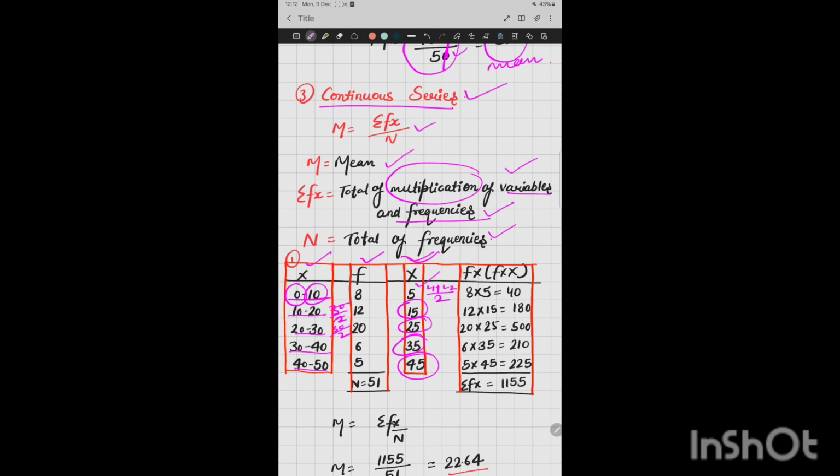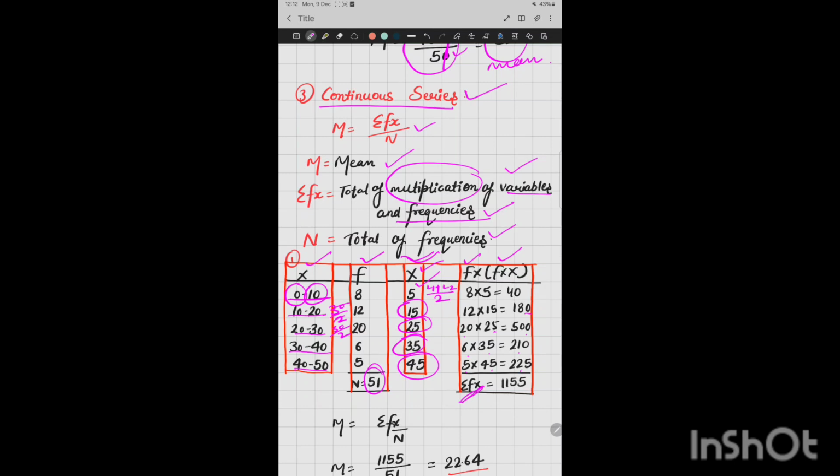N will always be the total of the frequency, as I've already told you. Here the total value of this will be 51. Now to find out the sigma fx, you have to multiply f into x, which you have already found in single digits. So 8 into 5 is 40, 12 into 15 is 180, 20 into 25 is equal to 500, 6 into 35 is 210, and 5 into 45 is 225.